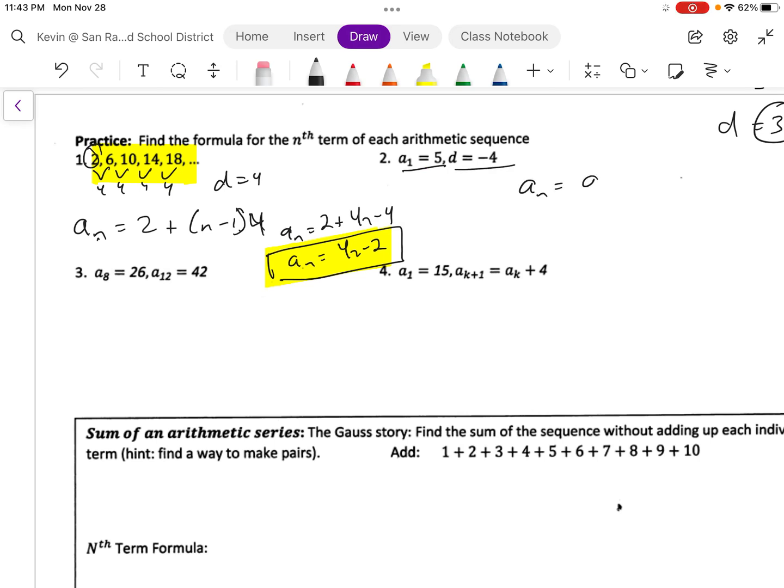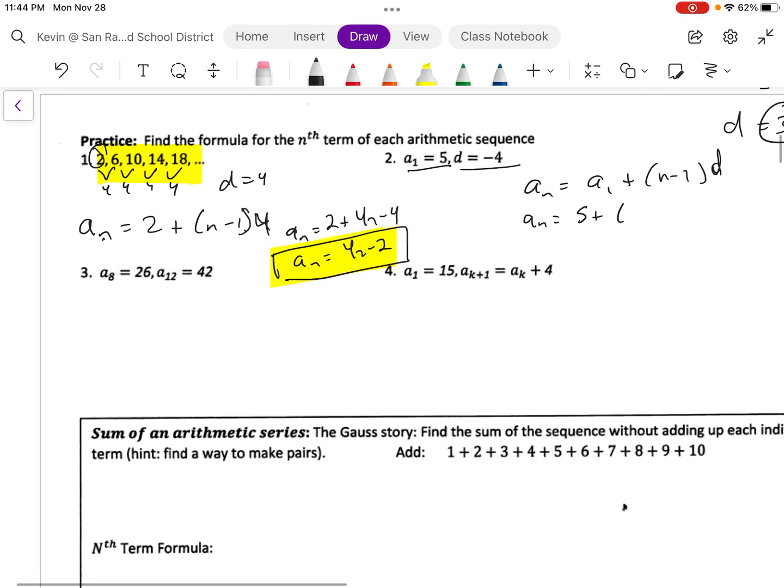So a sub n equals a sub 1 plus n minus 1 times d. a sub n equals 5 plus n minus 1 times our d, which is negative 4. a sub n equals negative 4n.